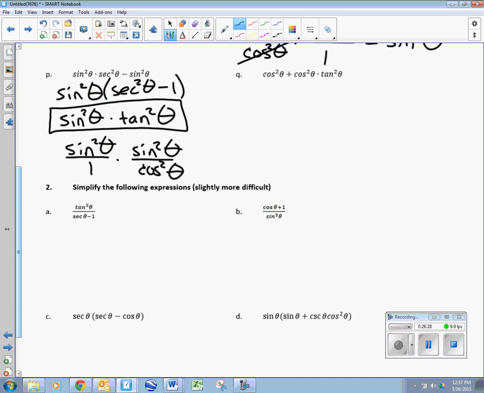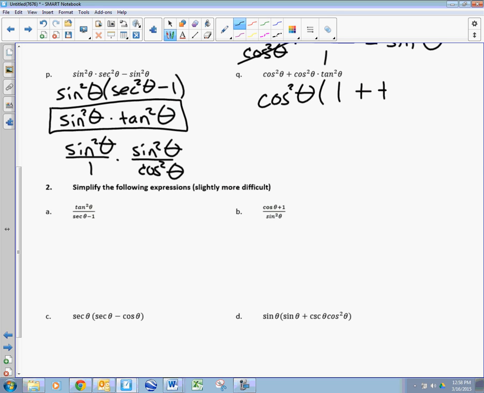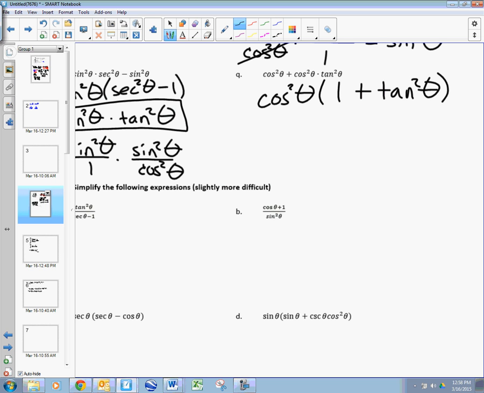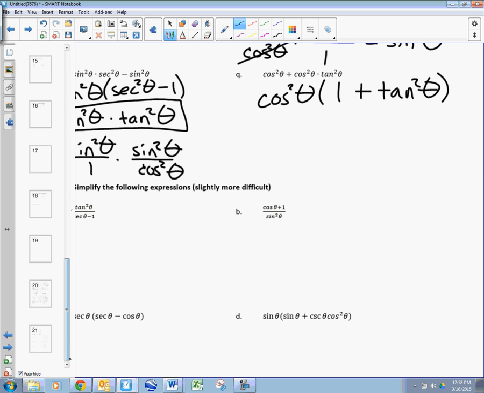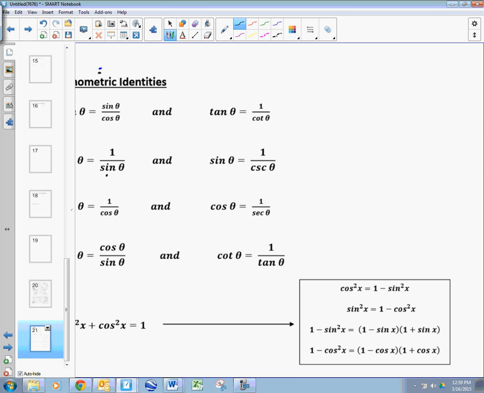You try Q on your own. Go. You guys aren't about that. So, you take out the cosine squared, and you get 1 plus tangent squared. And you can see from your sheet, it tells you right away, we derived this a long time ago.